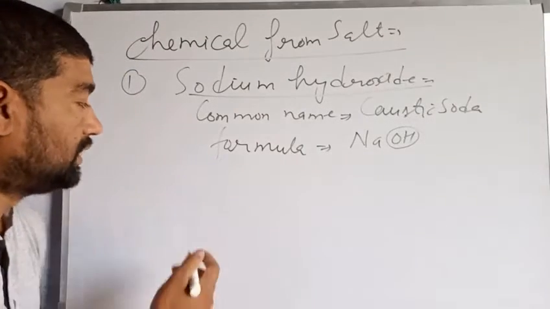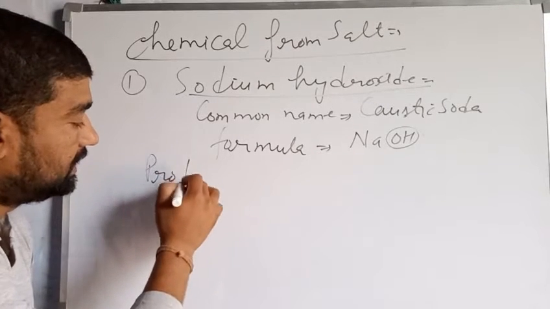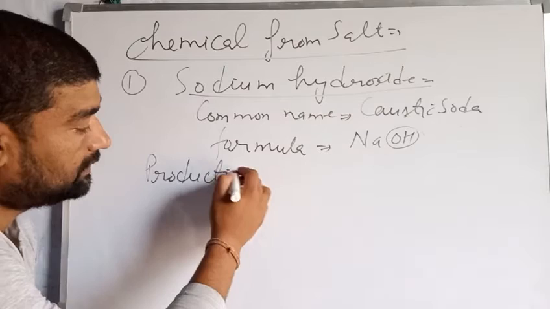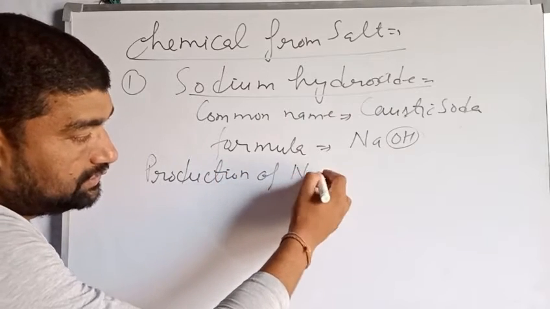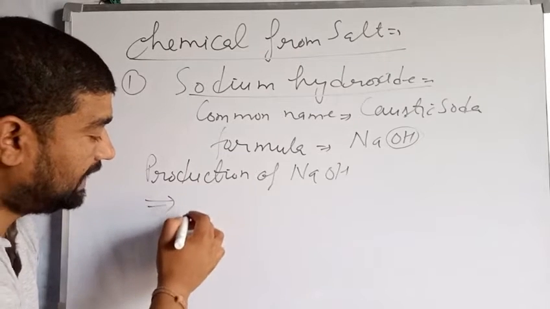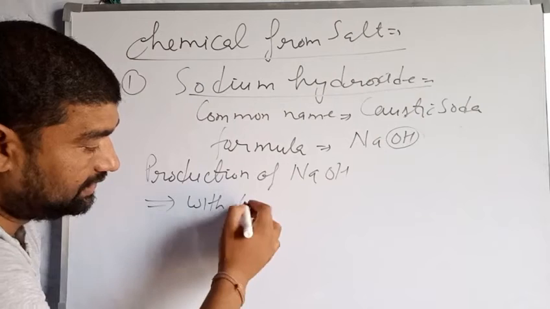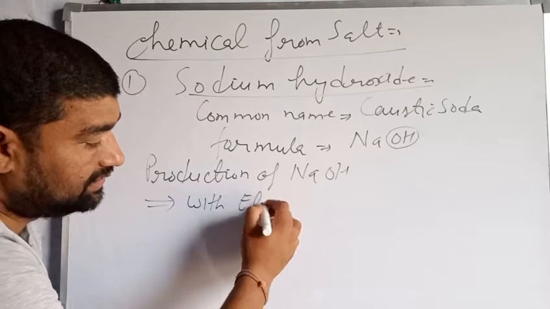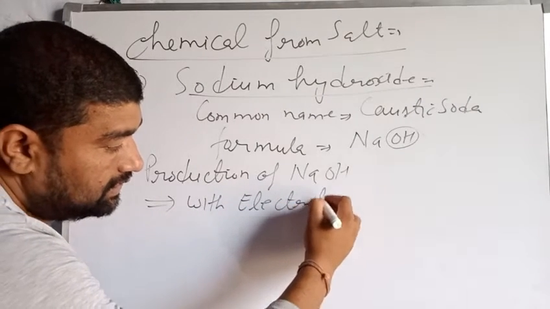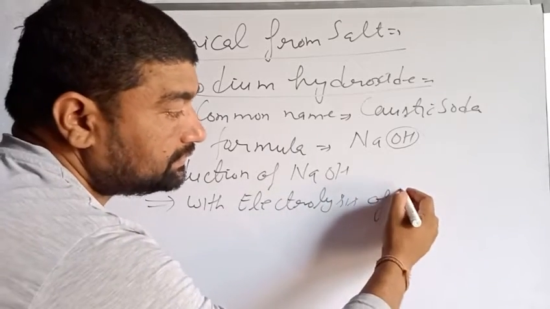Okay. So now we'll discuss how we produce that, the production of NaOH. We produce that with the help of electrolysis of brine.